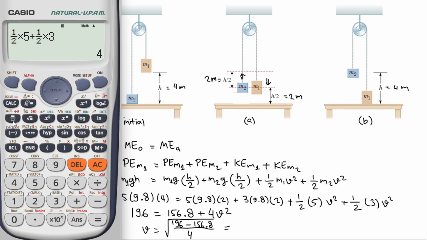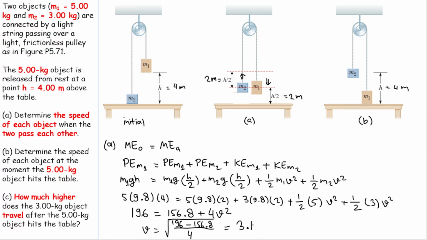Okay, so let's plug that in. The square root of 196 minus 156.8 divided by 4, and we will have 3.13. So I have 3.13 meters per second. So that is the answer for question A.